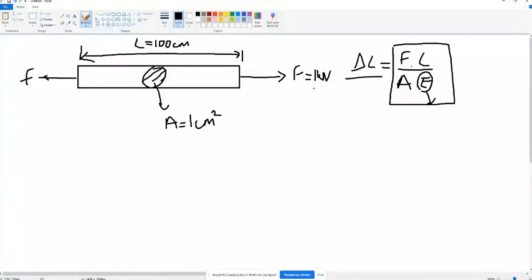But the force is 1 kilonewton. What is the meaning of 1 kilonewton? It is 1000 newtons.